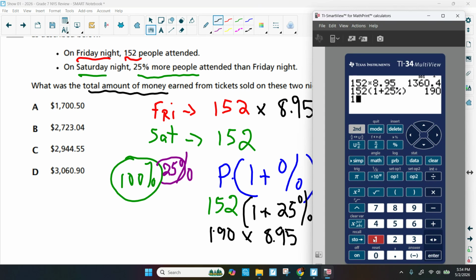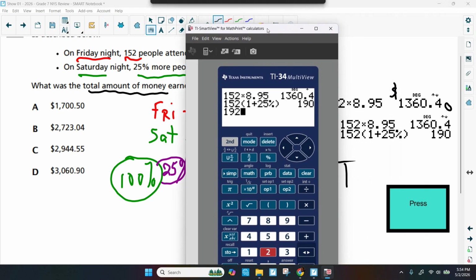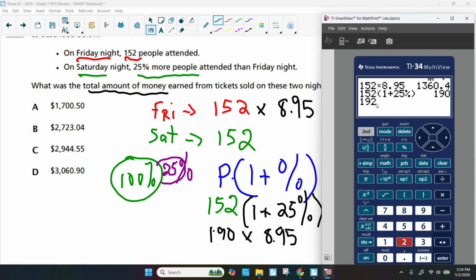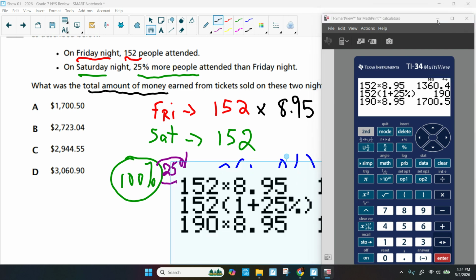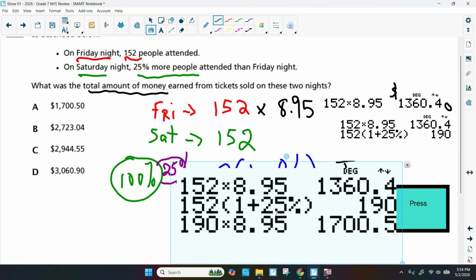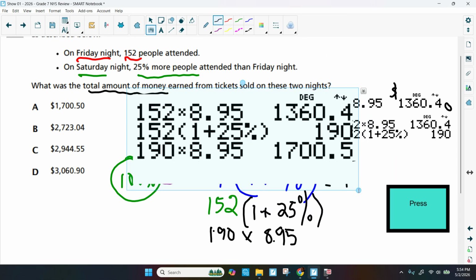So 192. Did I say 192 or 190? 190. 190 people. So let me back up. So 190 times the cost of getting in, $8.95. And the amount of money, 1,700.50. So let's pull that down for a minute and get that in there and shrink it down a little bit.